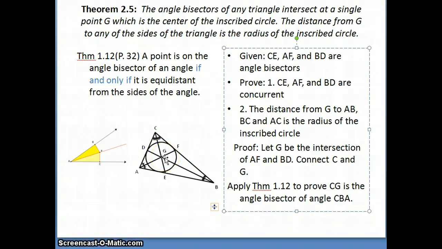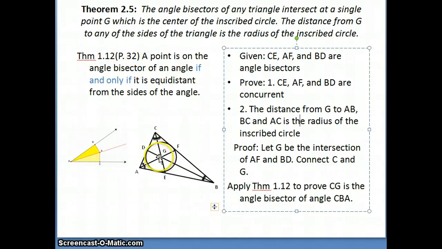And this can be proved easily, because we already know AG is the angle bisector of A and BD is the angle bisector of B. That means this intersection point G, by theorem 1.12, the other direction, if it is on an angle bisector, then it must be equidistant.